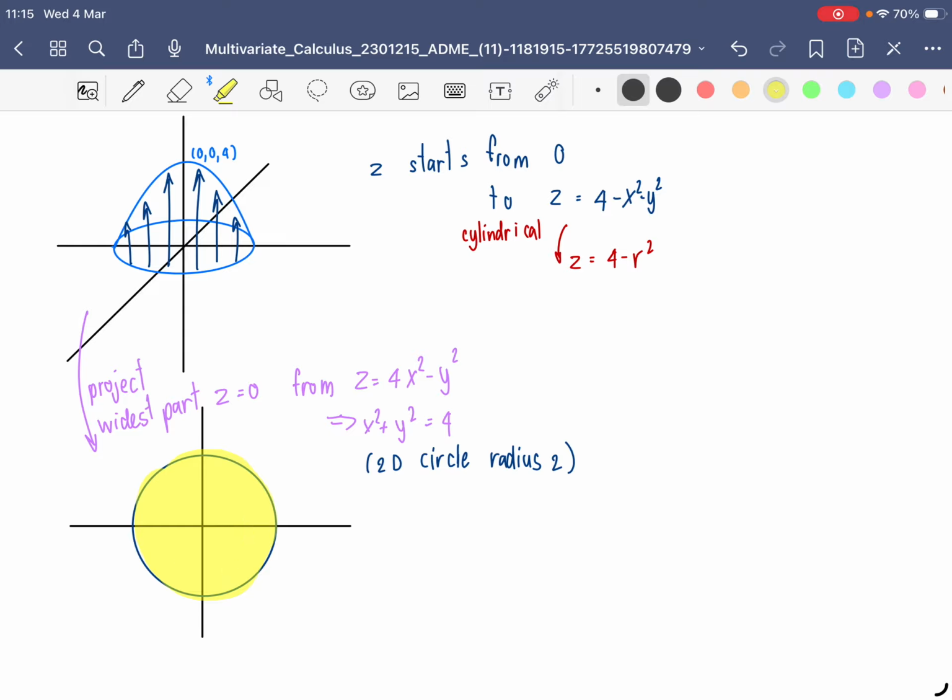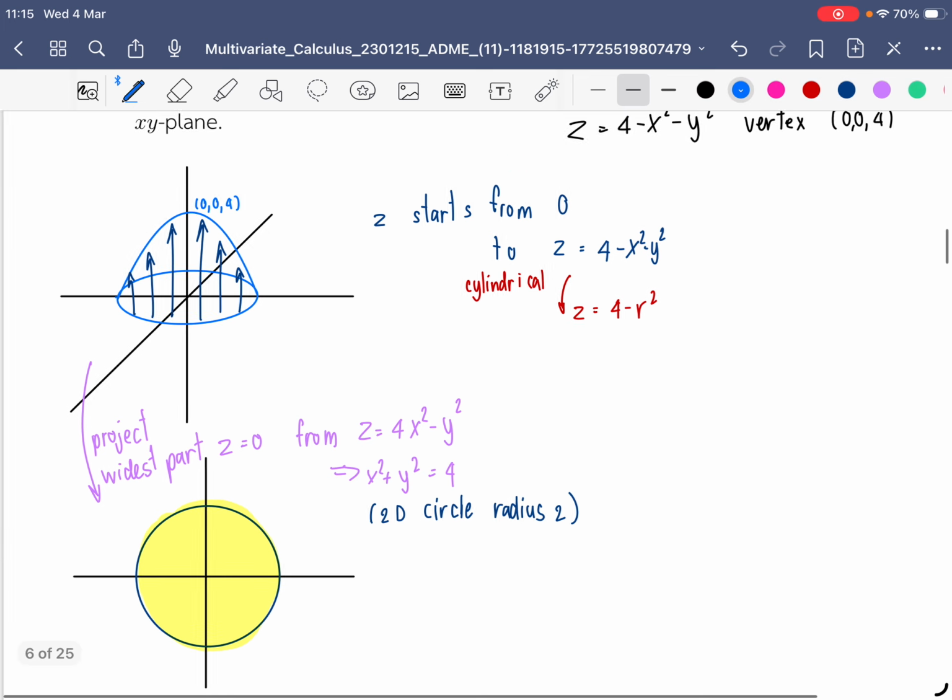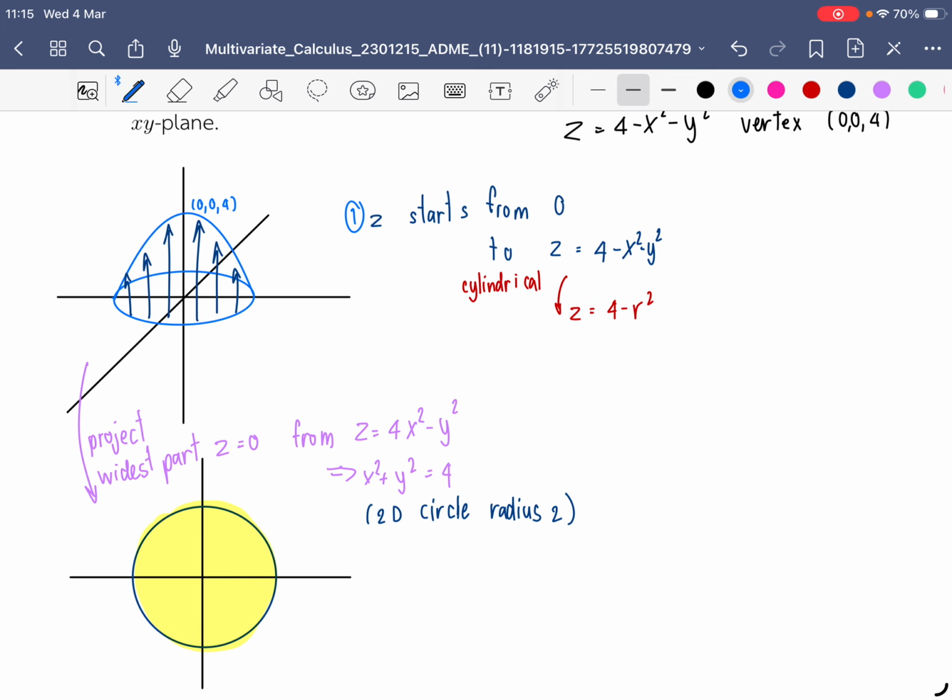The second one, now I have to find the possible values of r. It will start from the origin. That's how the polar coordinate works. So from the origin, I expand the radius from the origin to the boundary of the region. So your r starts from which value to which value?